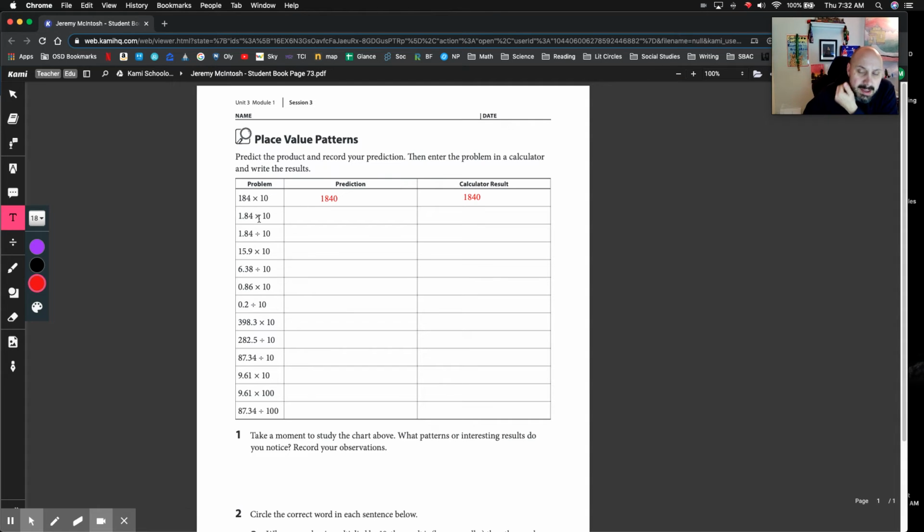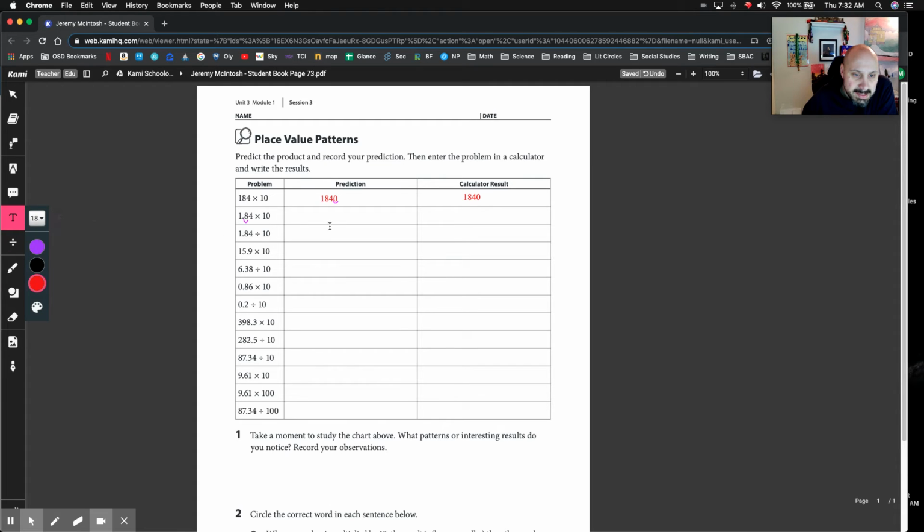That's like saying if I had $1.84 and I gave it to 10 kids, how much money would I have given away? Just like above, when you multiply by 10, the decimal place value moves to the right one place. So from 184, I moved my decimal to the right one place and it becomes 1,840. I'm going to do the same thing with my decimal here. It moves to the right one place.